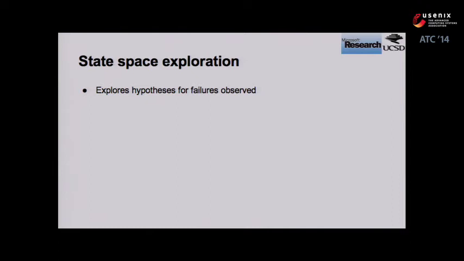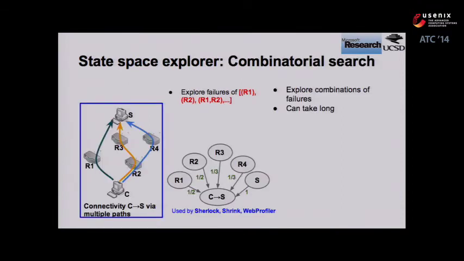Now, the localization algorithm is able to explore hypotheses systematically for all the failures that are observed. One way to explore hypotheses is to do a combinatorial search. So the algorithm could systematically say, maybe R1 failed, maybe R2 failed, maybe the combination of R1 and R2 failed, and so on.